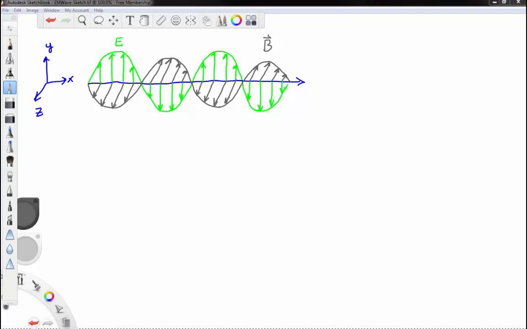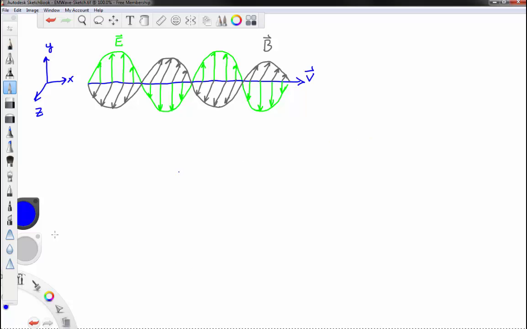So the way that I begin this is that I have drawn for myself an electromagnetic wave, and basically the green part represents the electric field variations, which I'm taking to be along the y-axis, and then the B is the magnetic field variation, which I take to be along the z-axis, and this blue line, parallel to the x-axis, would be the velocity vector for this traveling wave.